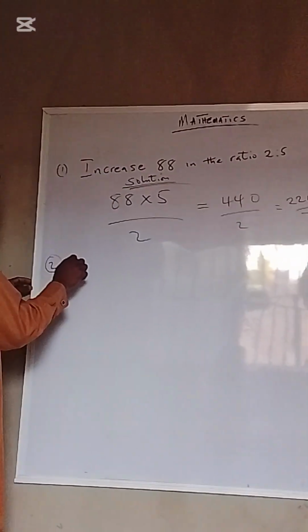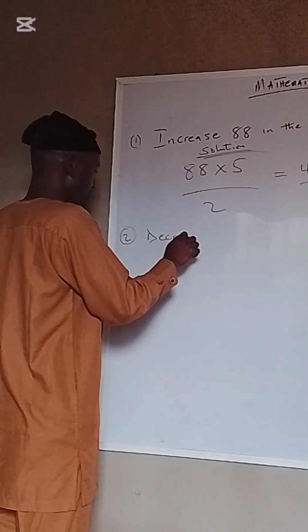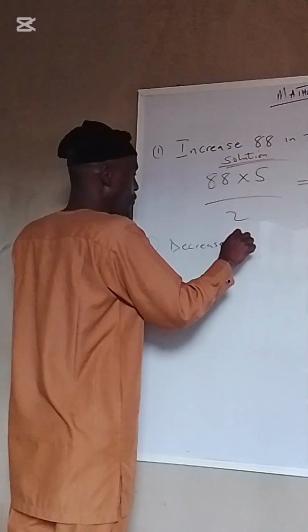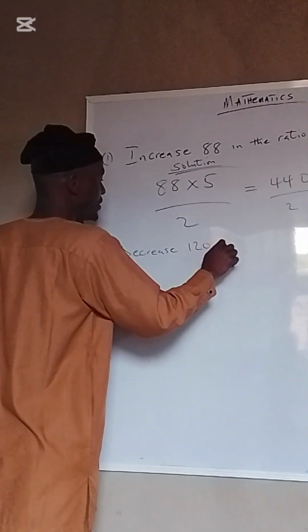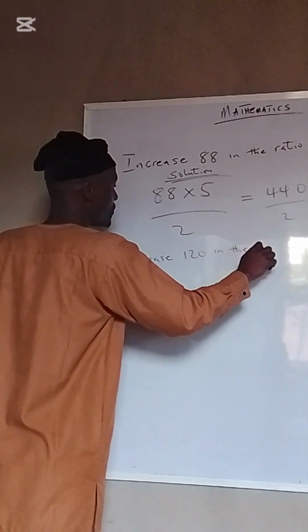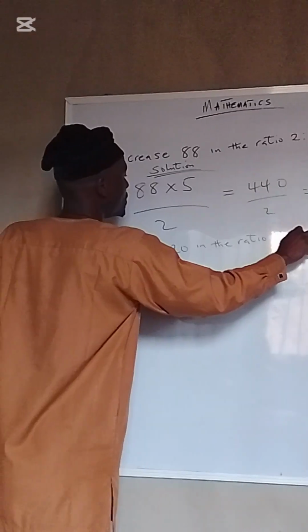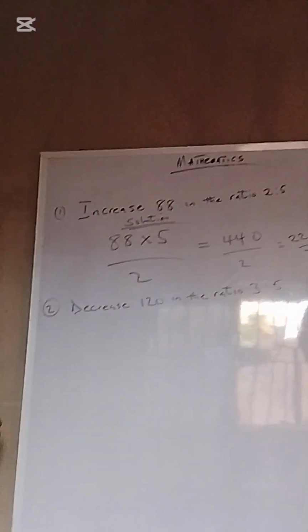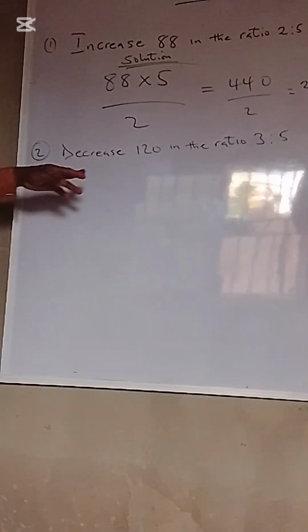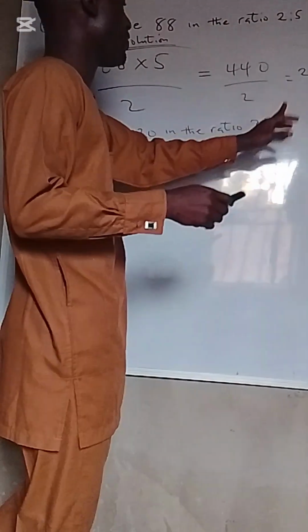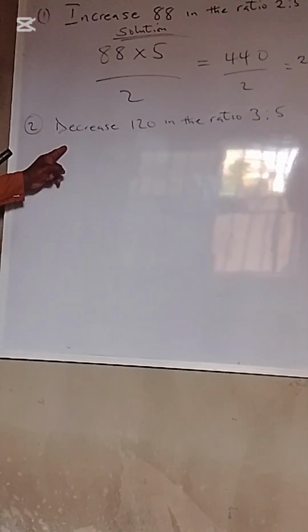Let's look at this question again. Decrease 120 in the ratio 3:5. Decrease 120 in the ratio 3:5. This one is decrease.